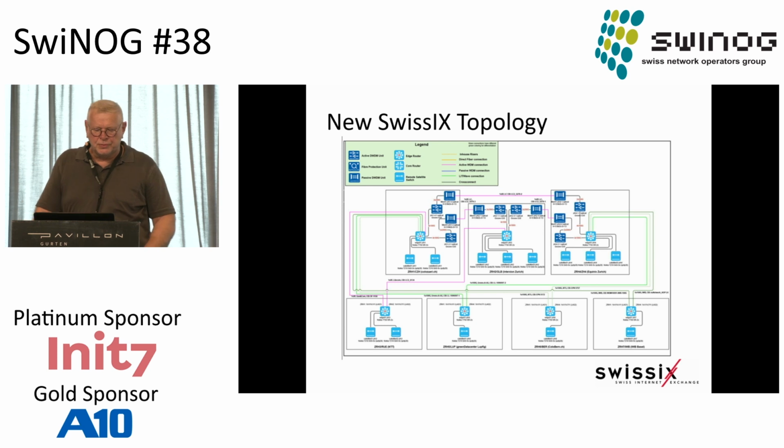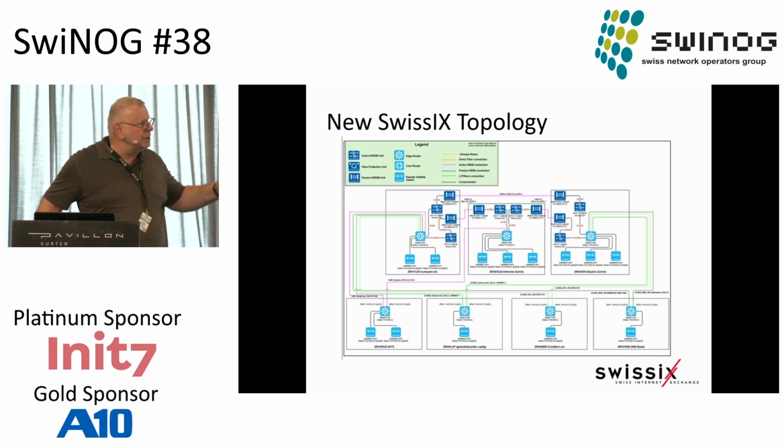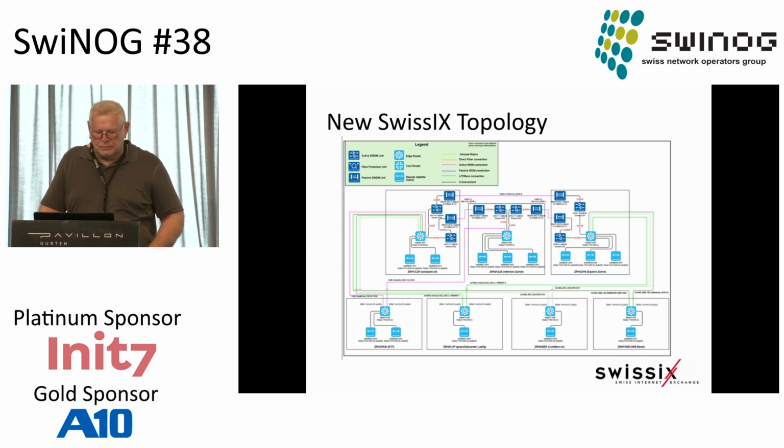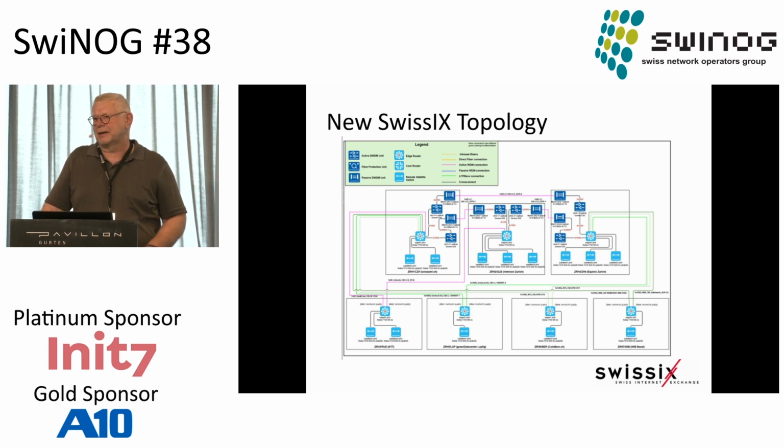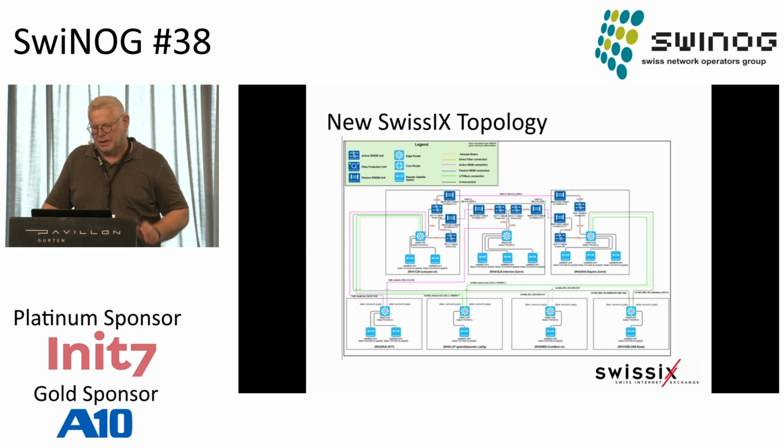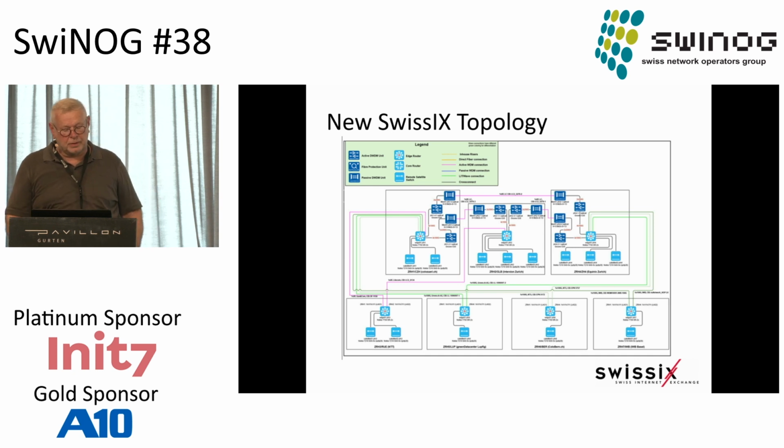And this is the new SwiSIX topology. I guess it's way too small for you to really understand it. But we will provide these slides, and then you can have a closer look.